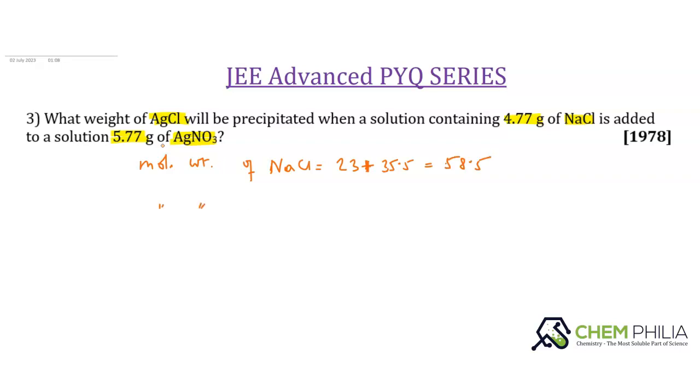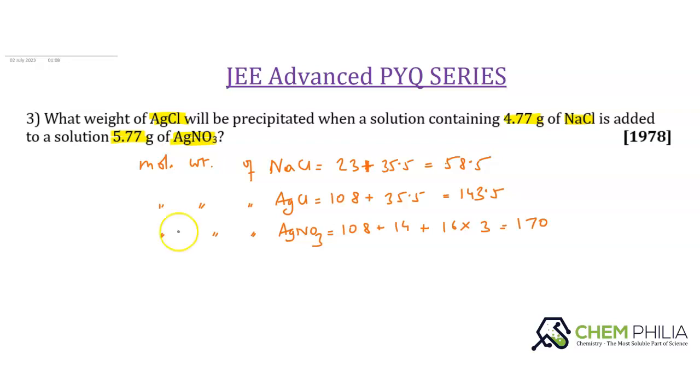Then molecular weight of AgCl, that is Ag is 108, chlorine is 35.5, that is 143.5, and molecular weight of AgNO3, that is 108 plus nitrogen is 14 and oxygens are 16 into 3, that is 170. Clear? So now we will write the reaction.